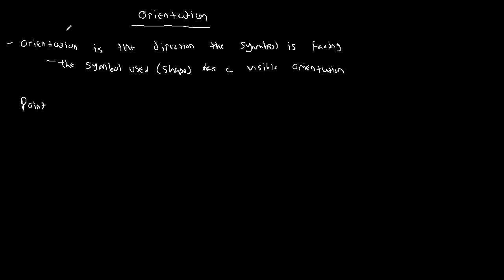So let's talk about how we would use orientation to show direction in points. Let's say we have 3 different points and we want to represent them with orientation. We could have one pointing straight up, one pointing left, maybe one pointing down. And if we wanted to encapsulate them in a circle like this, we could, but it's very clear because they would have the symbology of the arrow. Or, for example, we could use something like a square.